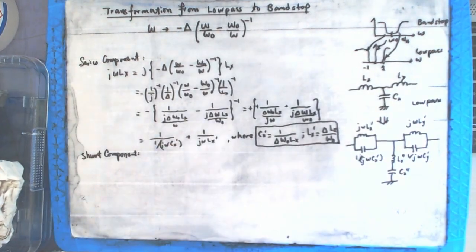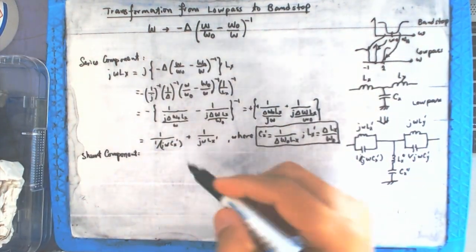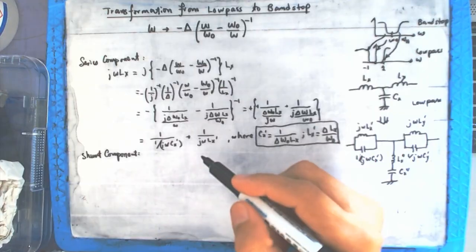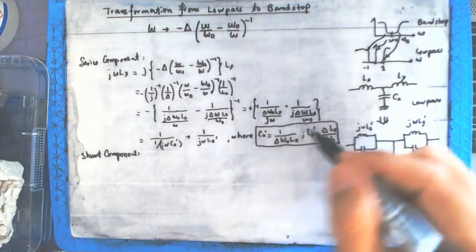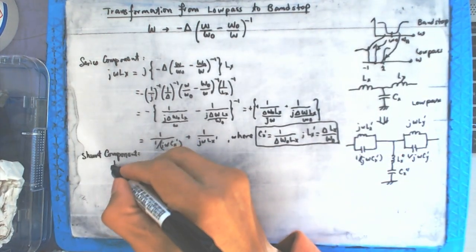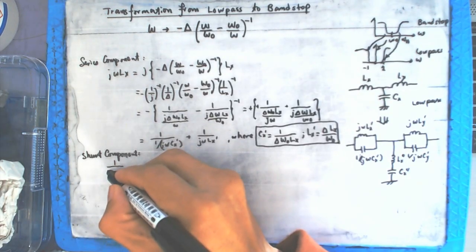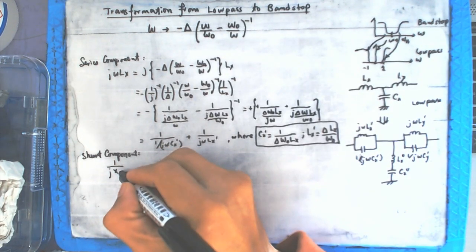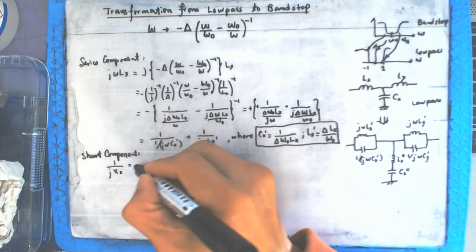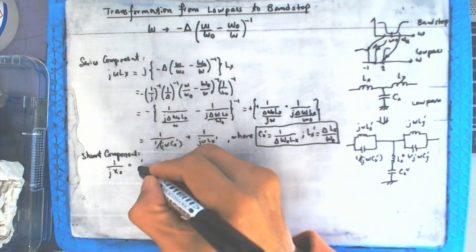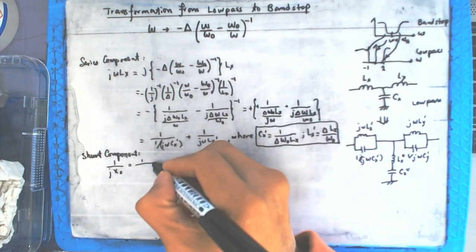And it is very easy. So what you need to do is you use j omega Cx, and then 1 over j omega Cx.